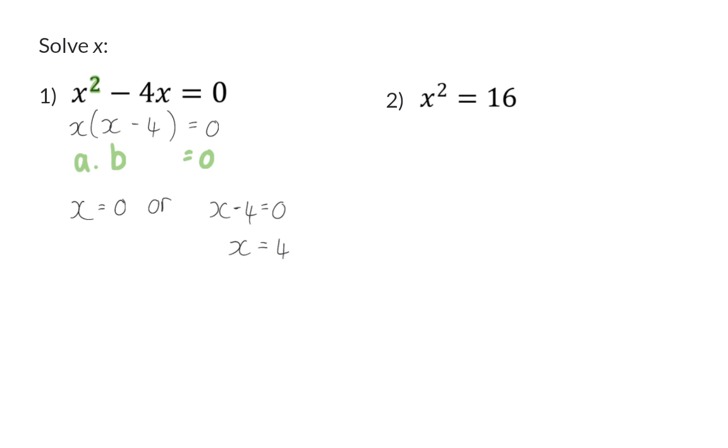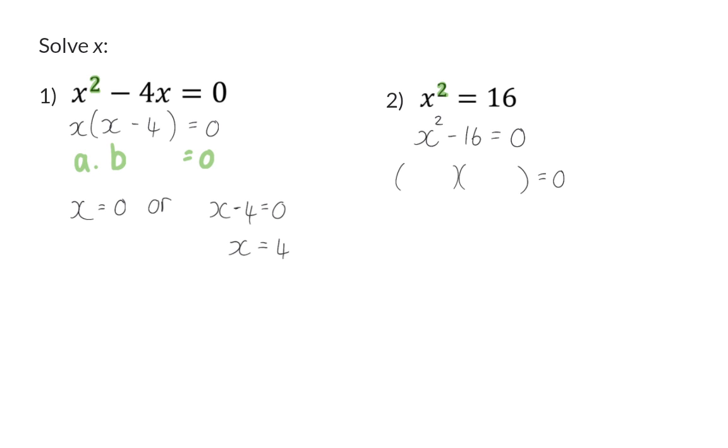In example 2, we once again have a degree of 2, and that means our first aim is to rewrite this equation in the form a times b equals 0. So the first important part is to realize that this equation should equal 0. That means we need to subtract 16 on both sides. Now that we have the equation equal to 0, we can factorize the left-hand side, and here we have a difference between squares.